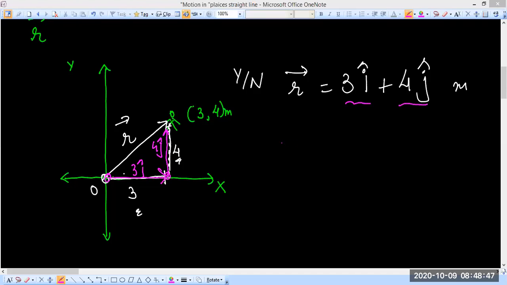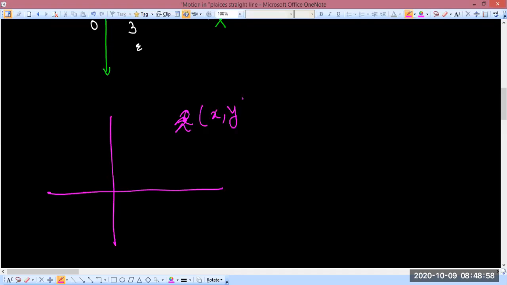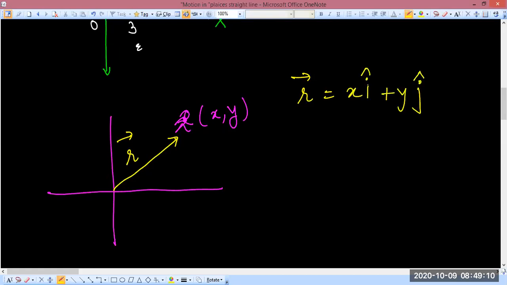Okay. Now, in general, do you agree that suppose the terrorist was at position x comma y, and this is the position vector, then do you agree with this?